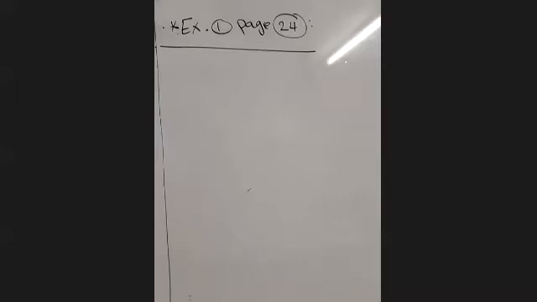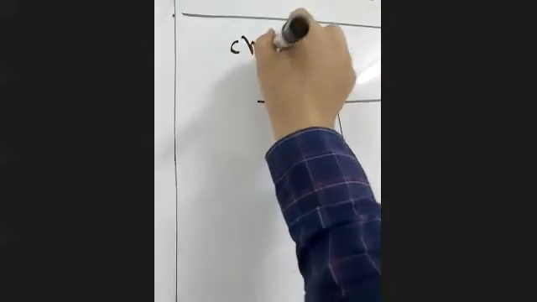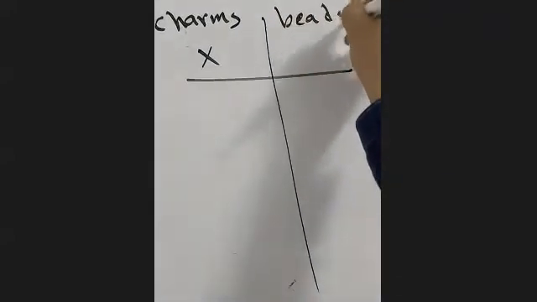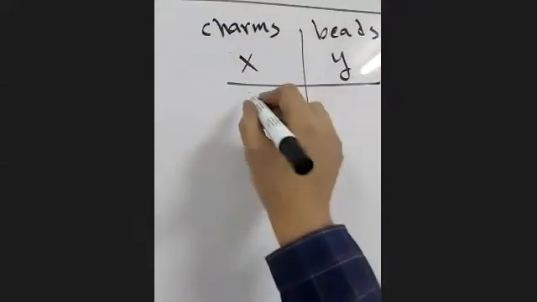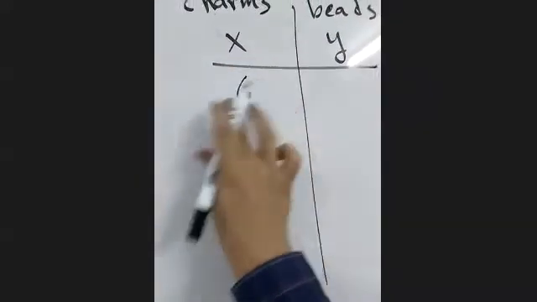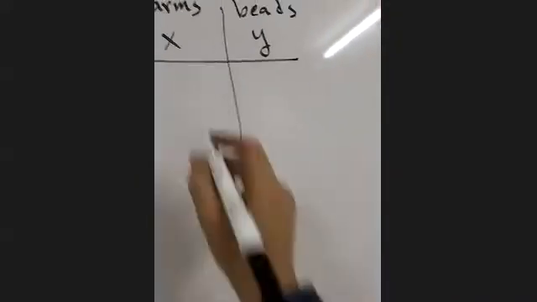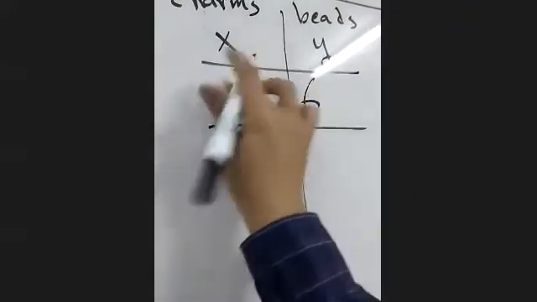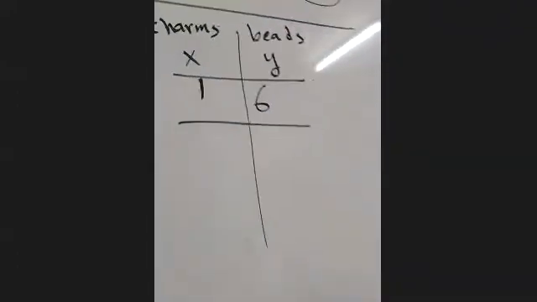So I need to make a table, and the table already exists in front of you. They wrote the charms under X and the beads under Y. For each one charm, we have 6 beads. This is from the question.